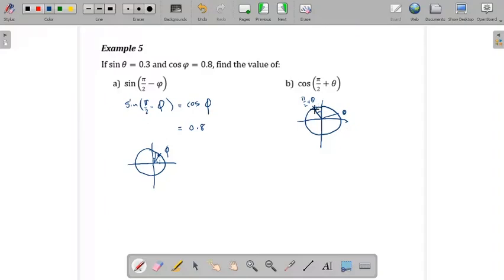Cos is negative compared with the sine, which is positive. So they would be opposites. So that's going to be negative 0.3. So that's just to see another symmetry relationship to do with what's called the complementary relationships.